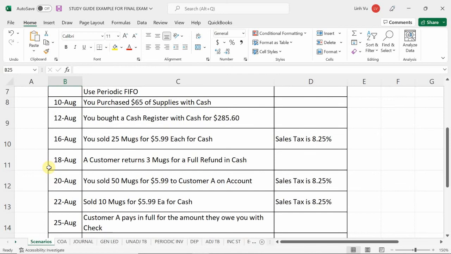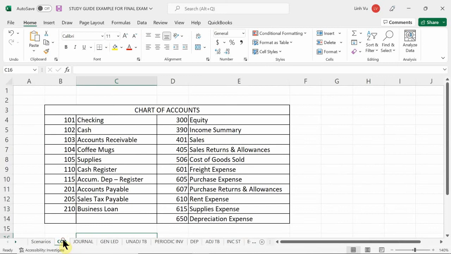Okay. So then on the 18th of August, what happened here? A customer returns 3 mugs for a full refund in cash.